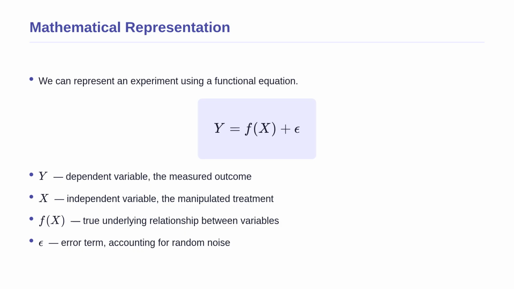The function f of x represents the true underlying relationship or effect that x has on y. Finally, the symbol epsilon represents the error term. The real world is messy, and epsilon accounts for all the extraneous variables and random variations we can't perfectly control. If we increase the strength of our treatment x, we expect a corresponding change in y, assuming epsilon is kept small.